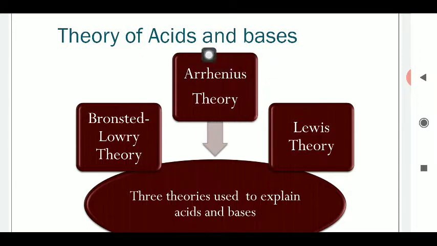But before starting the Arrhenius concept, I will explain the basic assumptions of the classical theory of acid and base. Later on, we will discuss the Arrhenius theory, then the Bronsted-Lowry concept, and finally the Lewis concept of acids and bases.